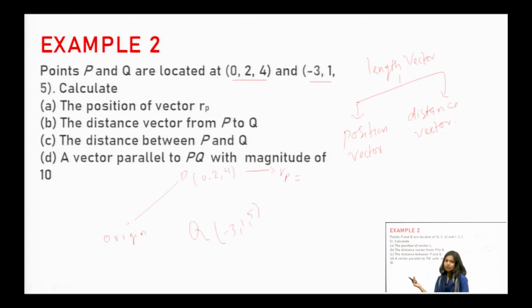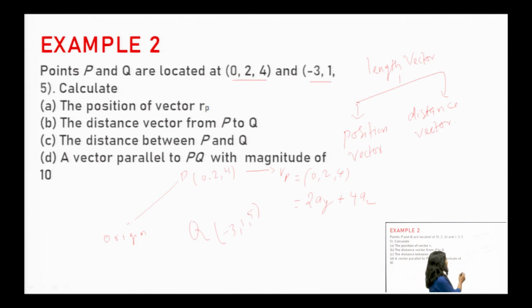Since the point at origin is 0, we can simply write this as 0, 2, 4. Also, alternatively, we can write it as: the x component is 0, so we can write it as 2ay plus 4az, where 2 and 4 are the coefficient or intercept on y-axis and z-axis.